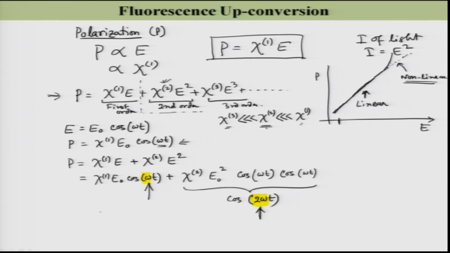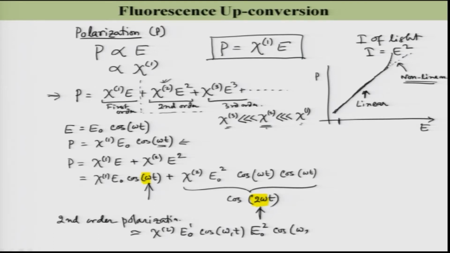Now, consider that you are using two different lights of frequency omega 1 and omega 2. In this case, the second order polarization will be equal to chi 2 E 0 1, that is one kind of light, cosine omega 1 t, and E 0 2 cosine omega 2 t.